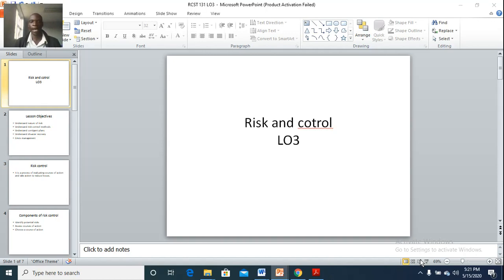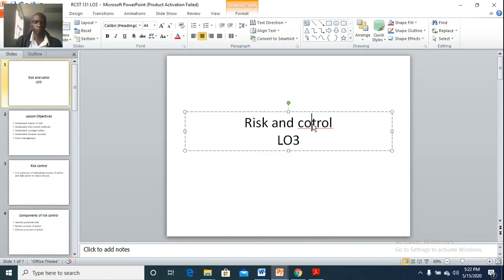Now we are doing risk and control. This is LO3.